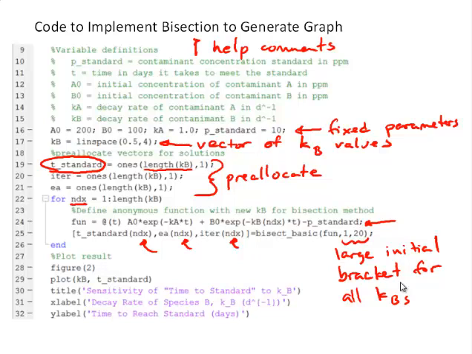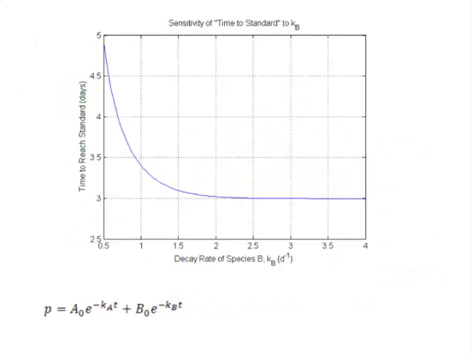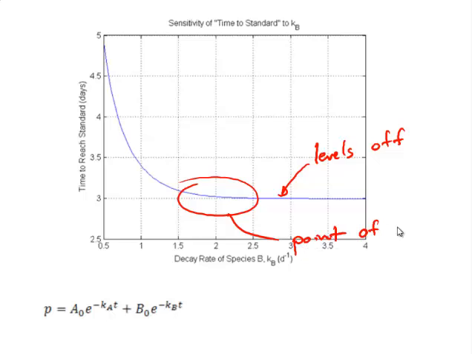I would encourage you to run this code in MATLAB, step through it with the debugger, and see how we are building these vectors of t standard, EA, and iter. And here's the graph that we get, something like what we expected, and we see that that time comes down fairly rapidly as the decay rate of species B increases, but then it levels off. If you are an environmental engineer studying this problem, what you might conclude is that somewhere around here we're reaching a point of diminishing returns.